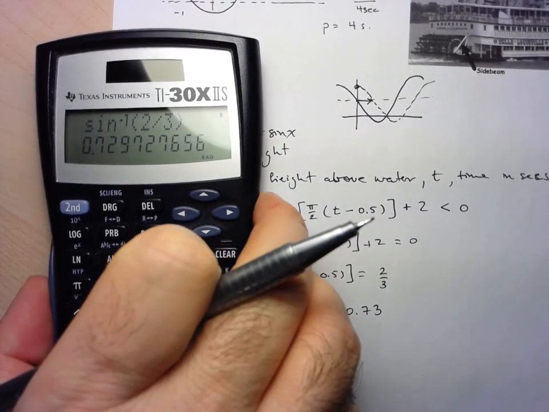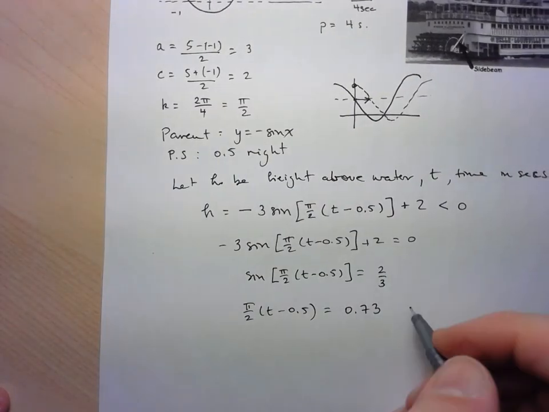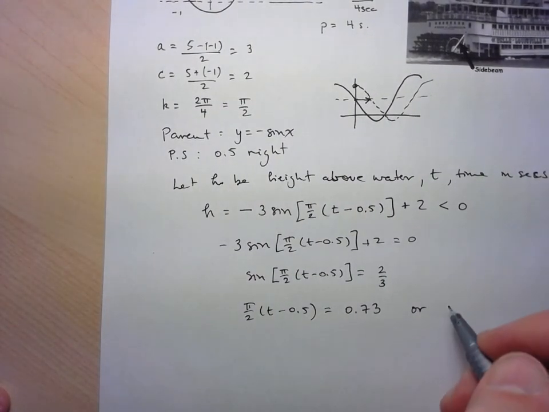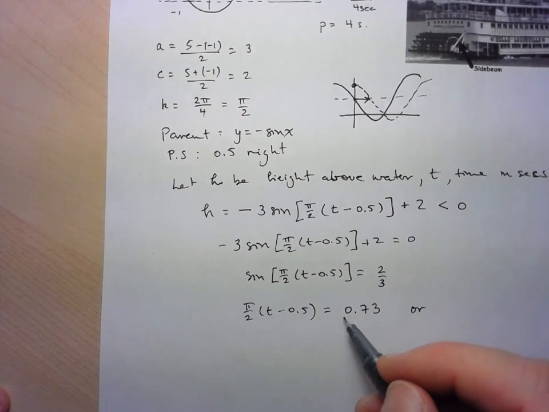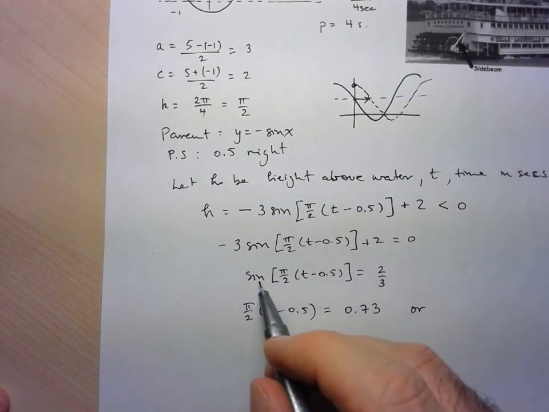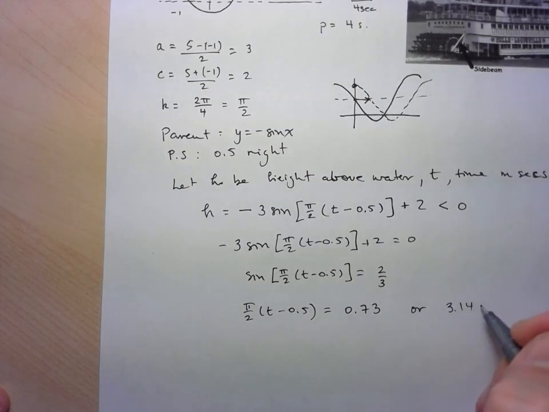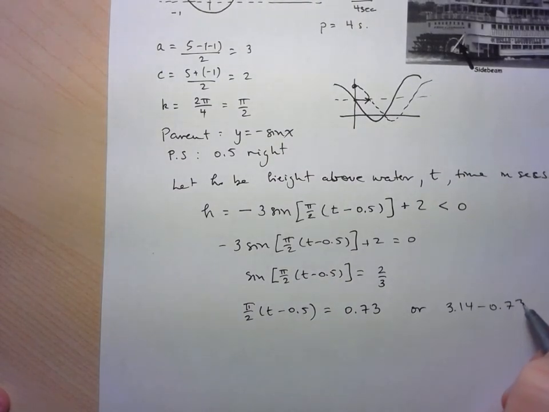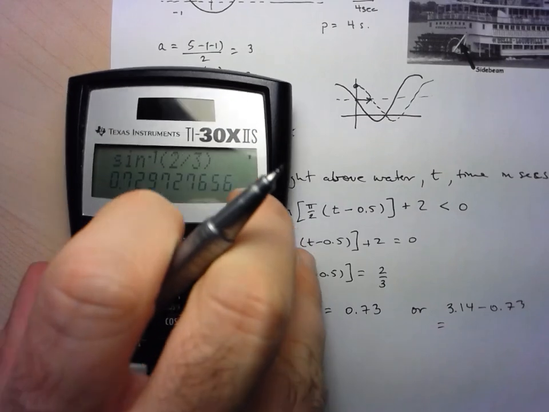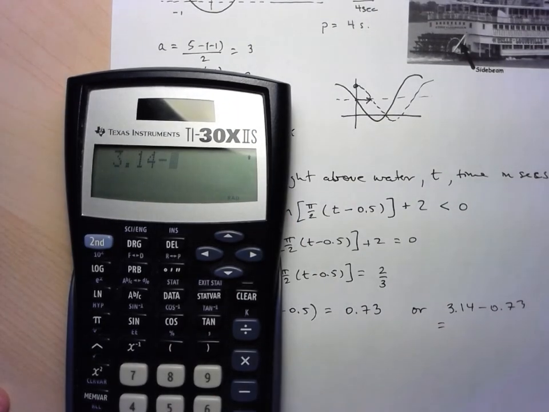Okay, or of course, the other option is pi minus this answer, okay, since we're working with sine. So 3.14 minus 0.73 equals 2.41.